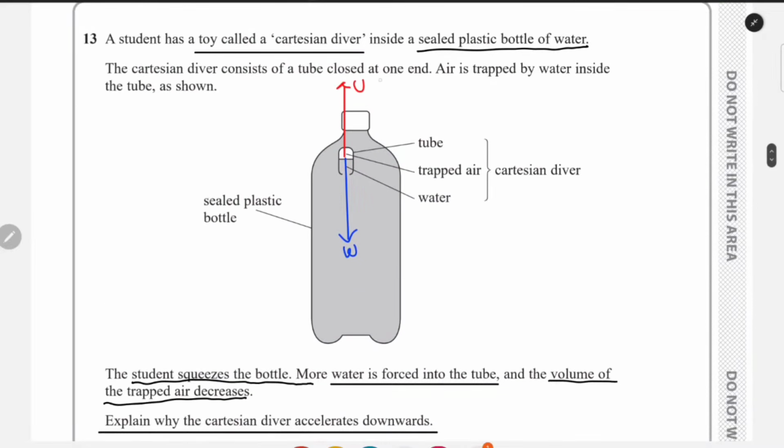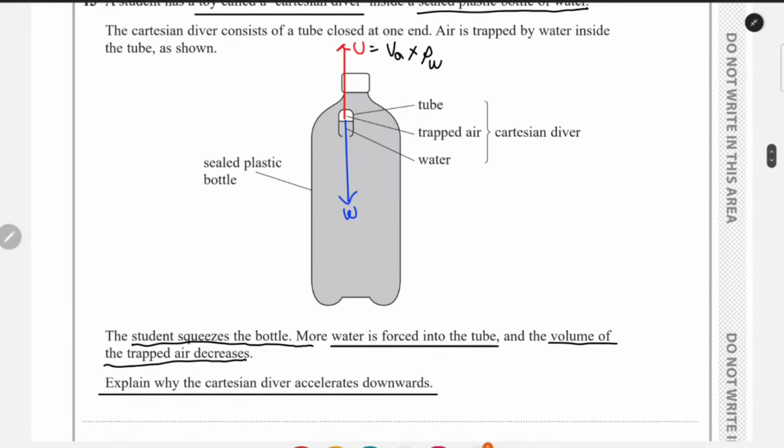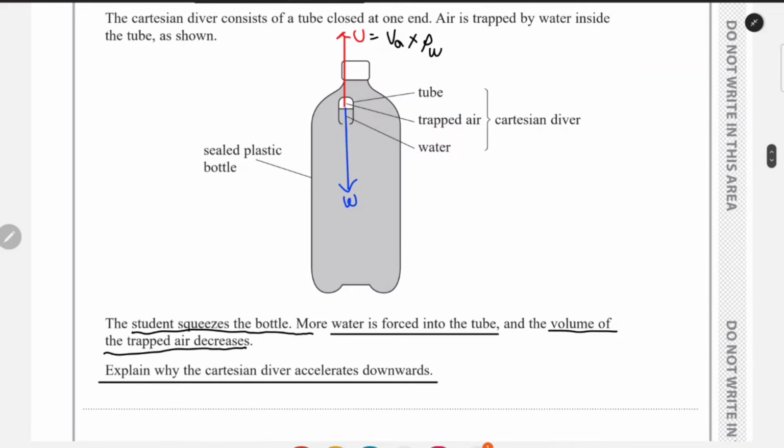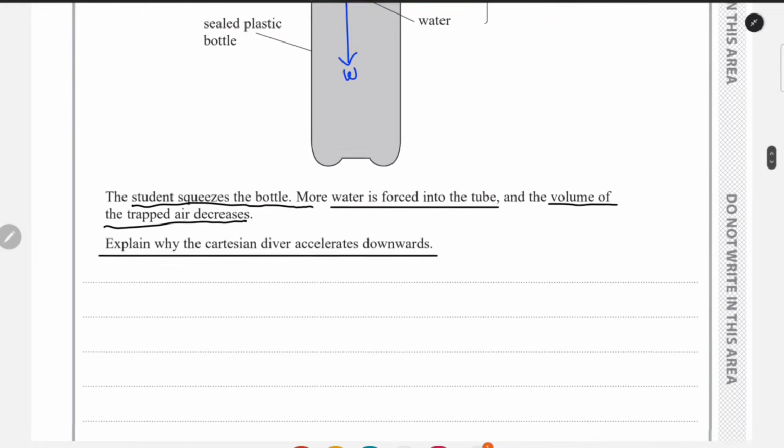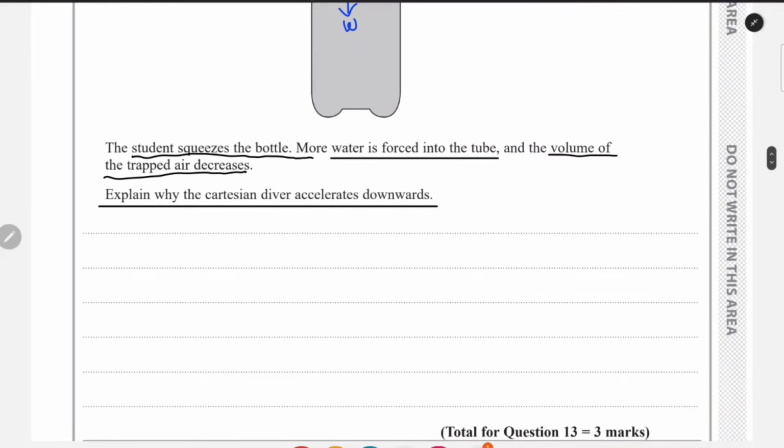The upthrust is the volume of air times the density of water. If more water is forced into the tube, this volume will decrease, so the upthrust will decrease. So this is our first point.